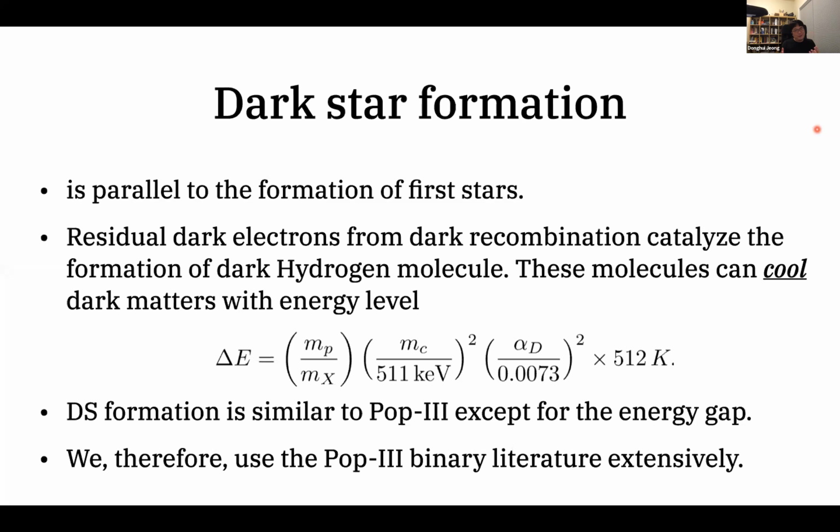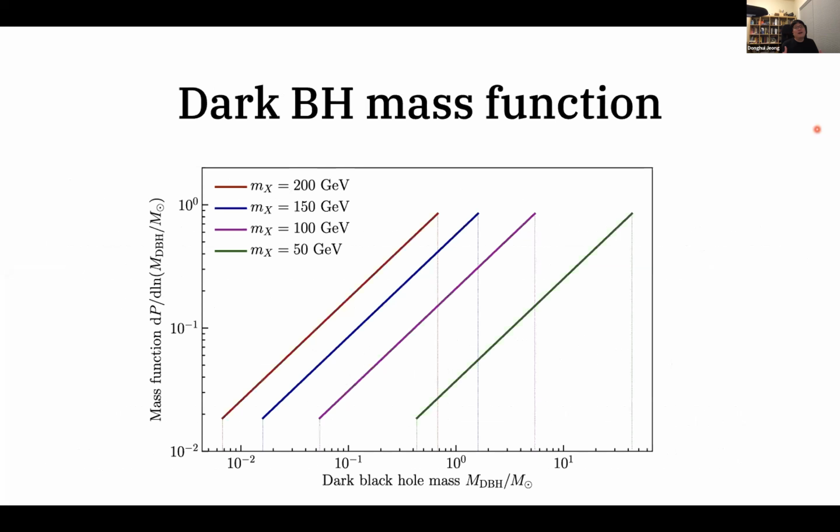We took those numbers and rescaled the mass scale of the opacity limit with the dark matter's cooling scale and mass scale. Then we got this graph of the dark black hole mass distribution as a function of its fundamental physics quantity, such as the proton mass.